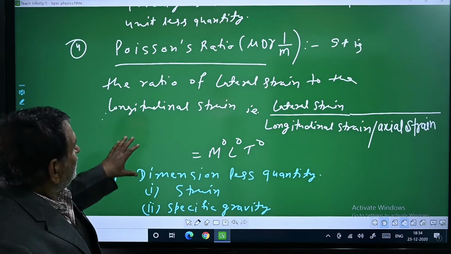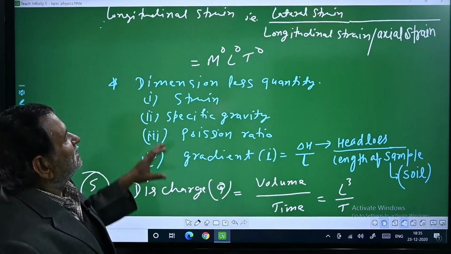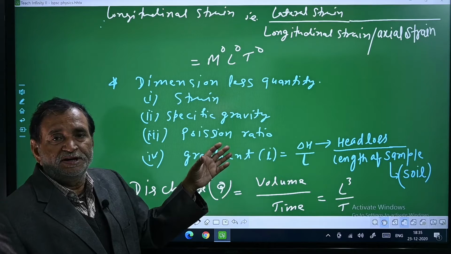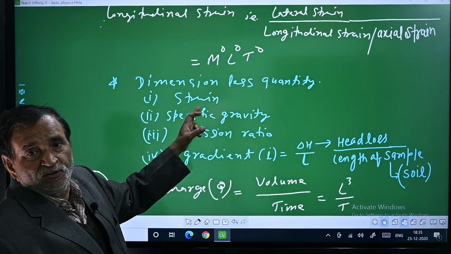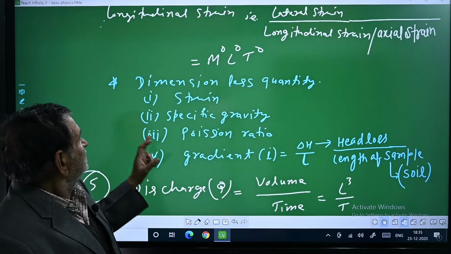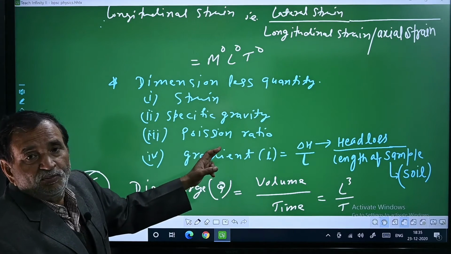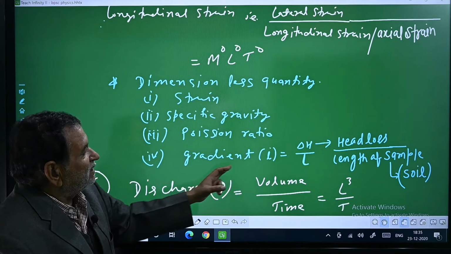Now we are giving you a list of dimensionless physical quantities. The first one is strain, the second is specific gravity, the third is Poisson's ratio, and the fourth is gradient i.